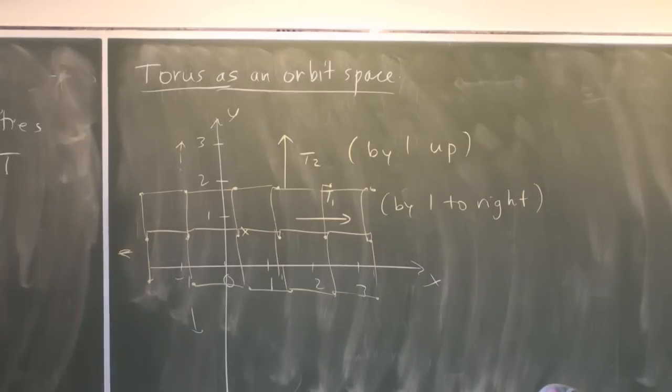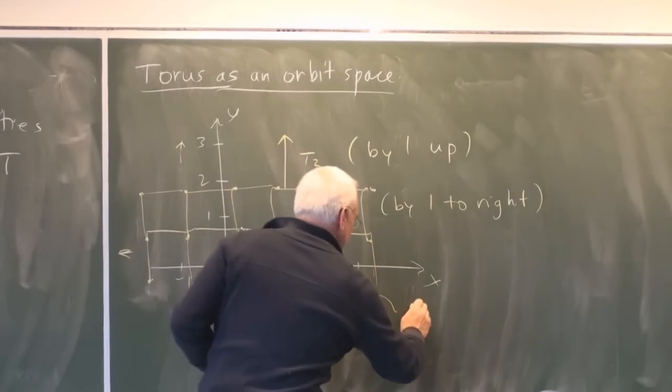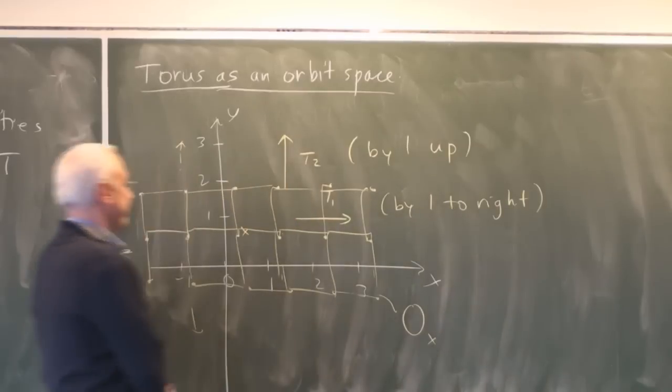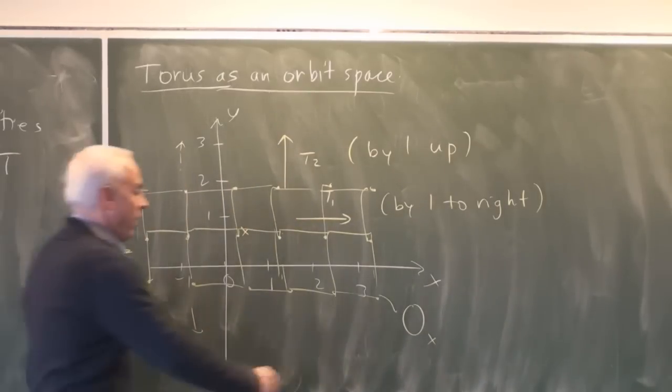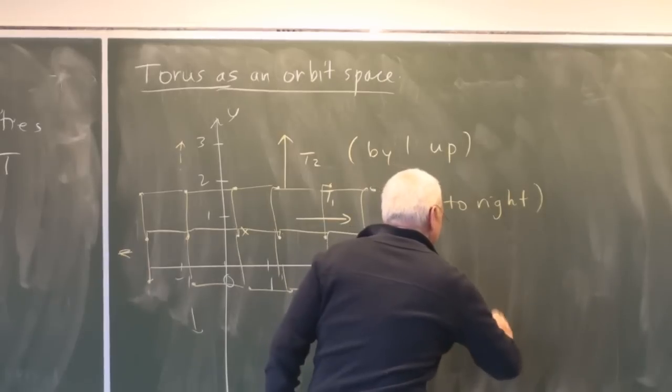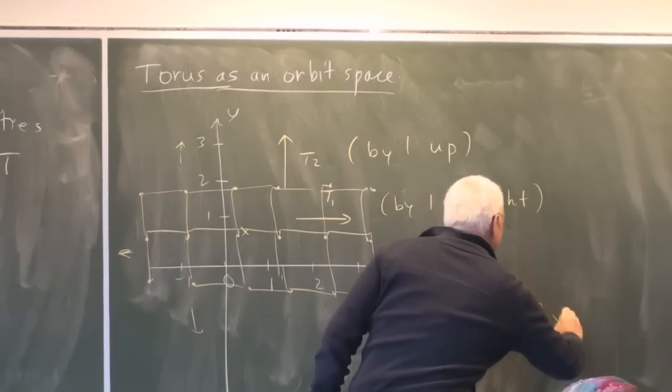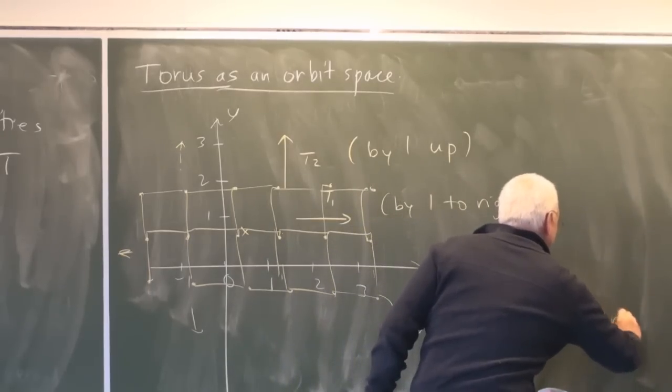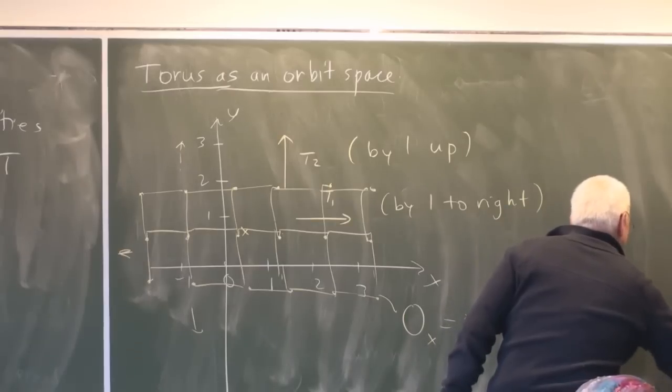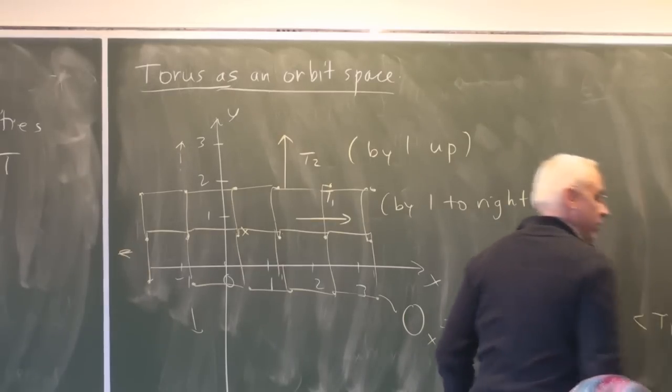So this is the orbit of x, under the group generated by both tau 1 and tau 2.